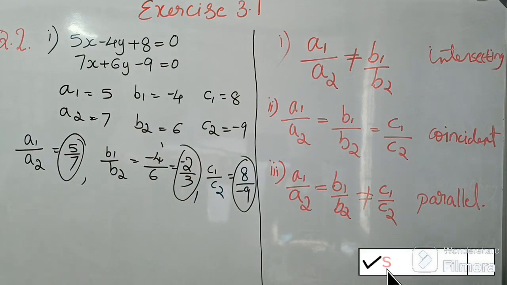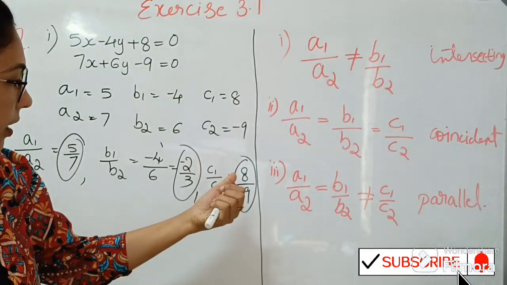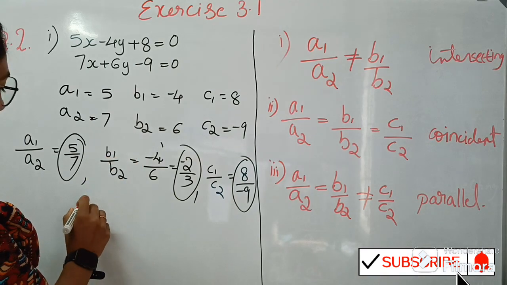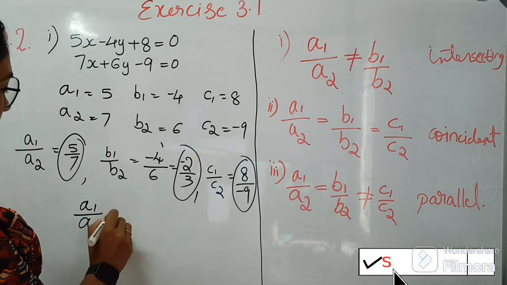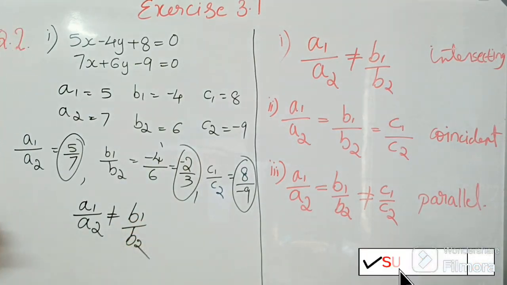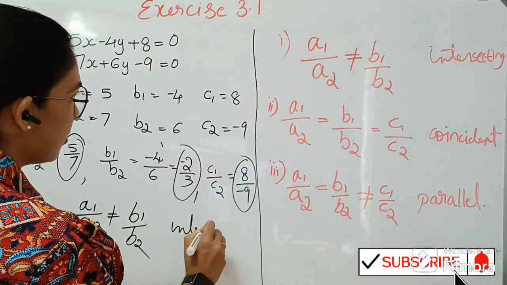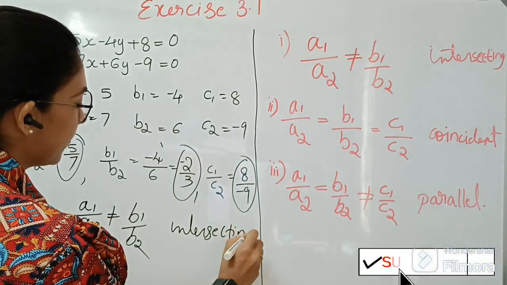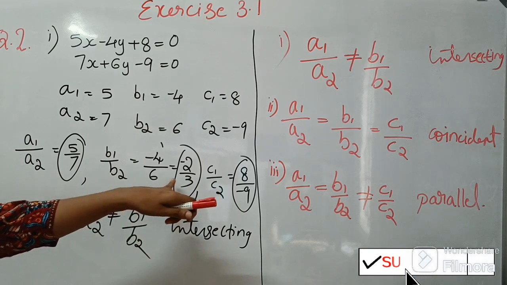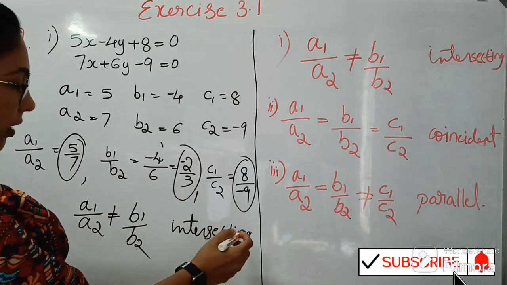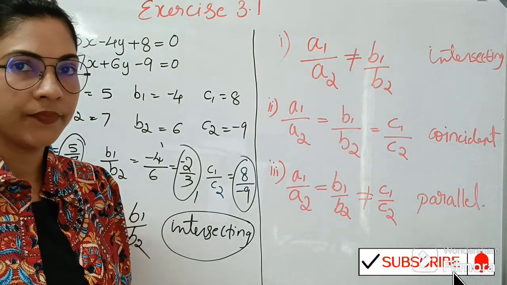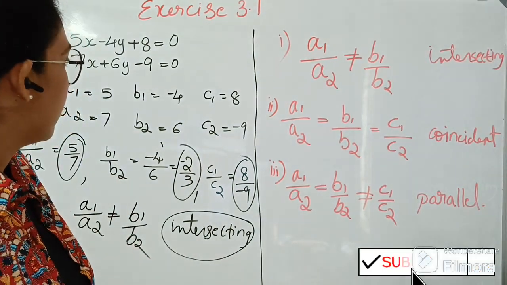From this we know that a1 by a2, b1 by b2 and c1 by c2 are all different. And we apply the relation a1 by a2 not equal to b1 by b2, which means these are intersecting lines. Hope it is clear for you.